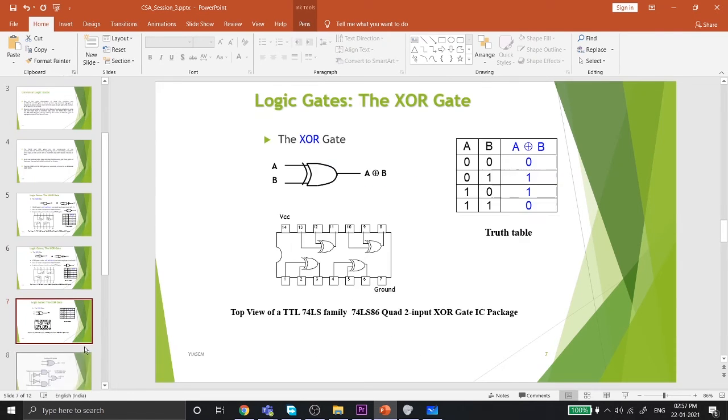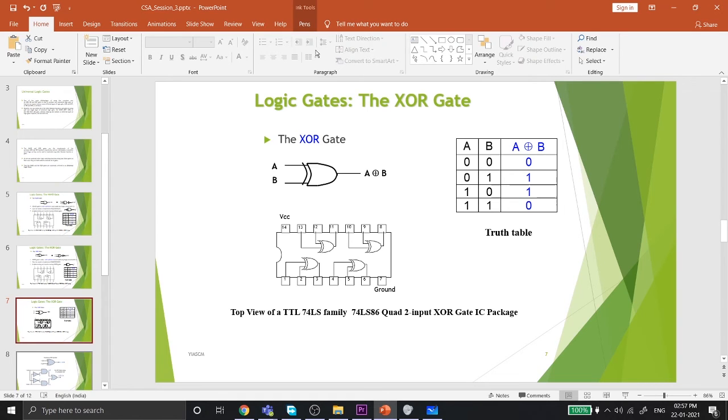So let's now look at the XOR gate, or the exclusive OR gate. This gate is a bit fun to work with. This is the exclusive OR gate, and what it does is give a true output when there is a difference in the inputs. If the inputs are the same, the output will be 0. If the inputs are different, the output will be 1.